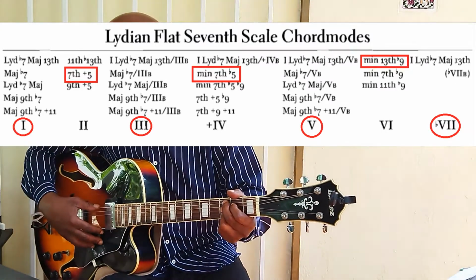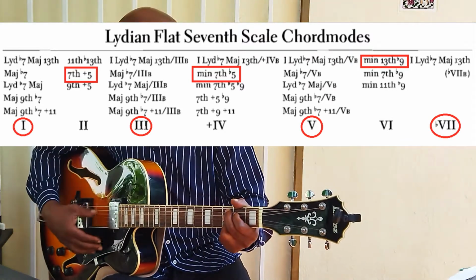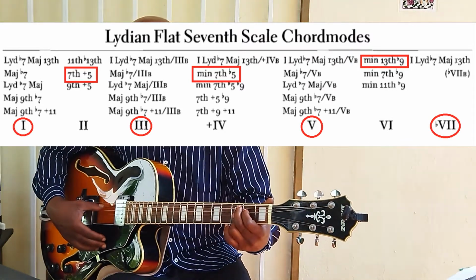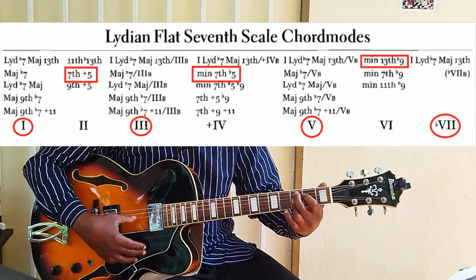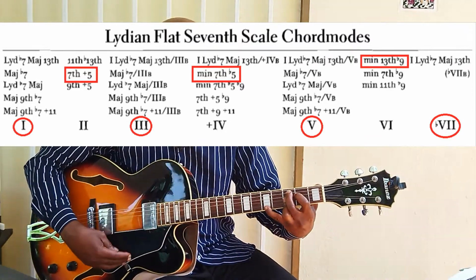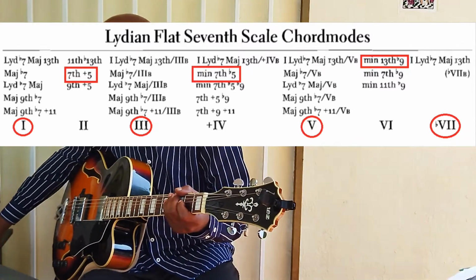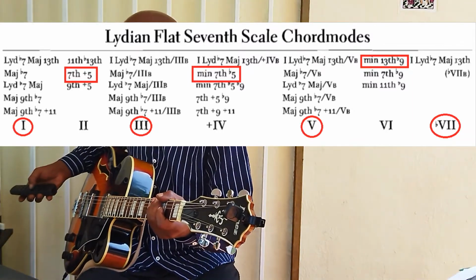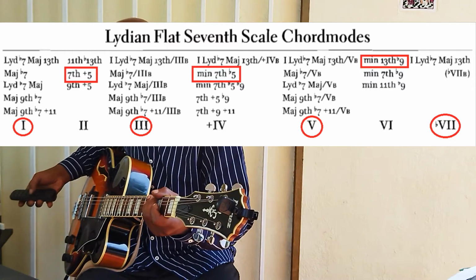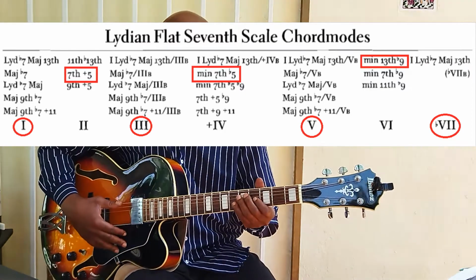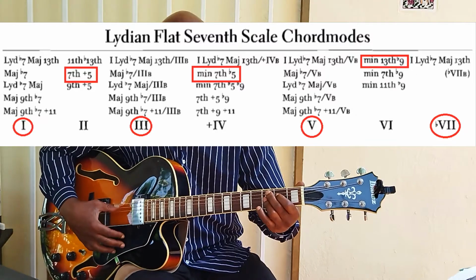So the first chord there is the major 13th, which is this. You know what, I'll just put a C drone so you'll hear what the chords sound like. So we have C at the base.